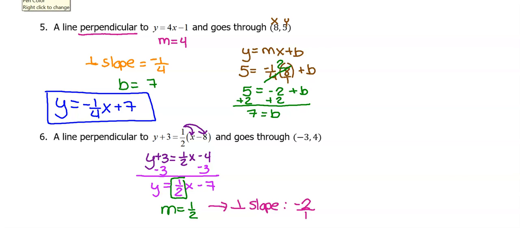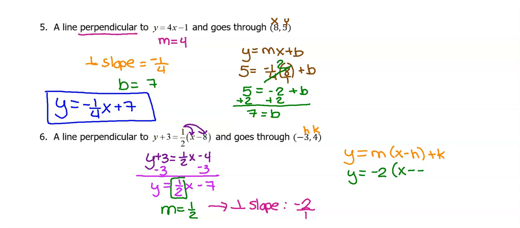And since in number 5 I used the y equals mx plus b equation, I'm going to switch back to show you one more time the HK form. Minus h plus k. Keep in mind the h is your x, the k is your y. So we're going to use the perpendicular slope of -2, x minus a negative h value, which is already negative, and then plus the 4.